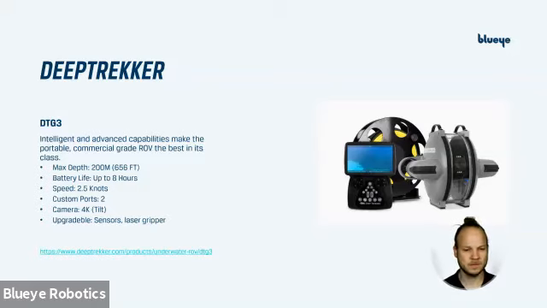You can correct me if I'm wrong. The speed is a bit lower than we have, for example, in the Blueye. I wouldn't say it's significantly lower. It's still in the same category, but it's more about how the unit moves, which makes it very different from how the Blueye moves.